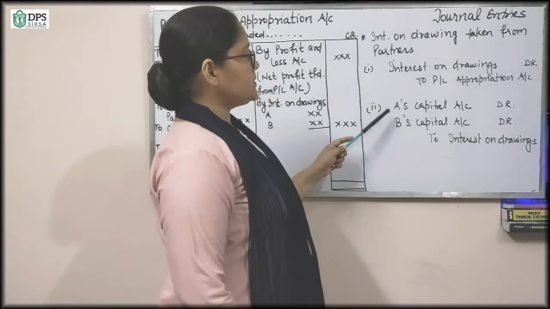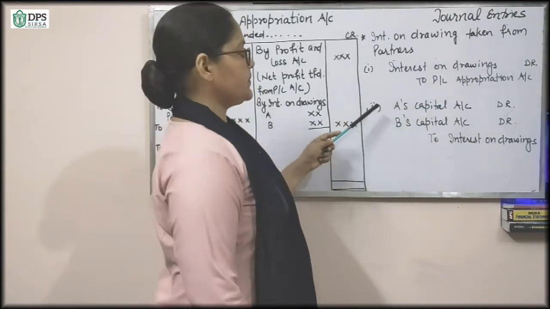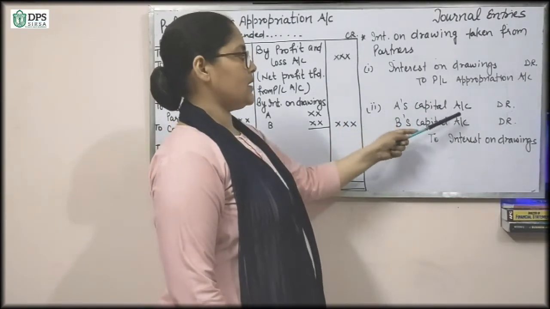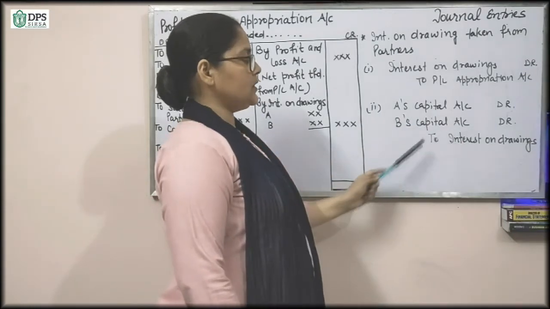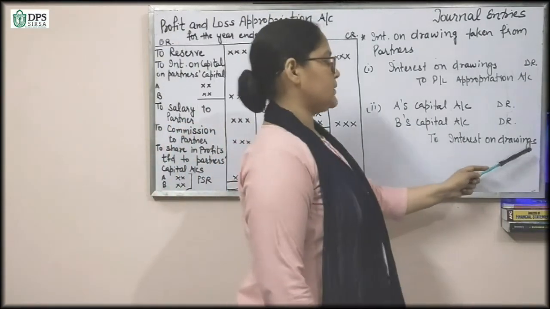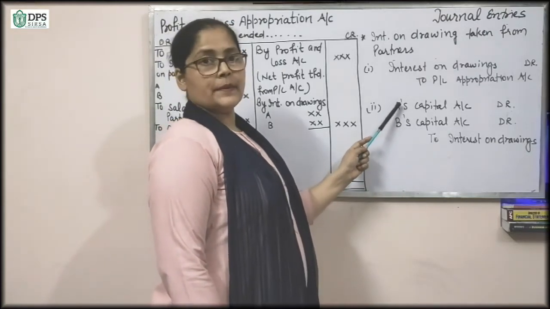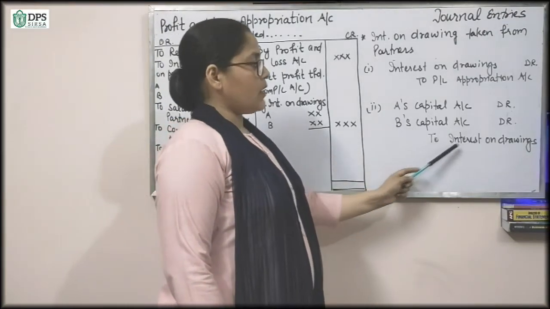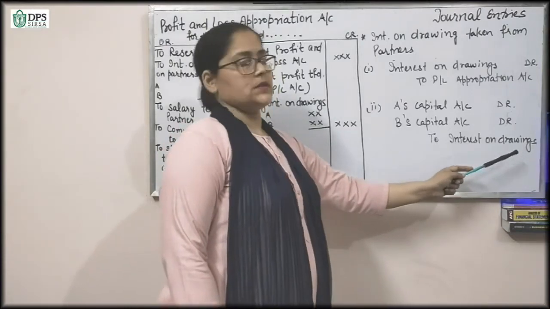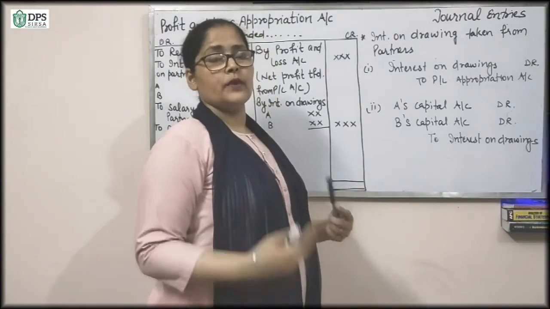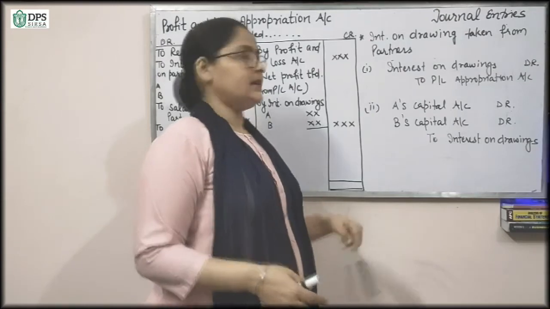So next, you can write the narration. A's capital account, B's capital account to interest on drawings. We are deducting the amount of interest on drawings from A's capital and B's capital. How can we recognize that we are deducting?